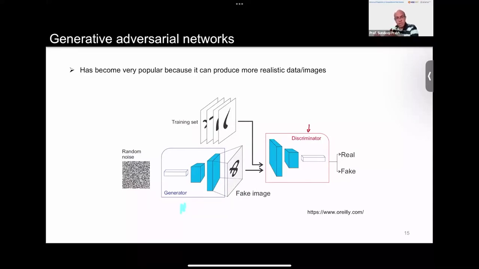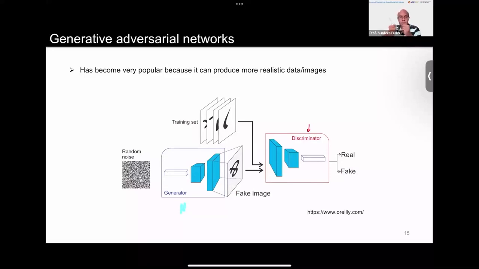Now, the discriminator is acting like an adversary, and its goal is to make sure that every image that the generator generates, it is going to catch with very high precision to tell that it is fake.